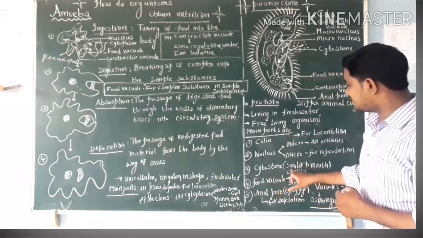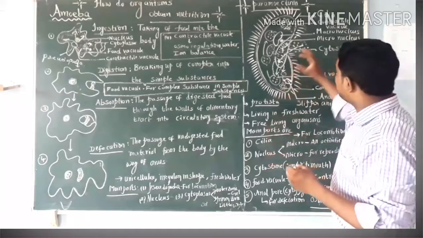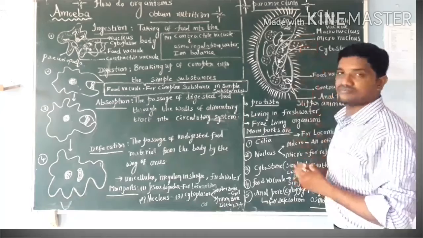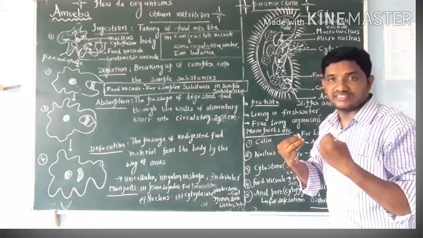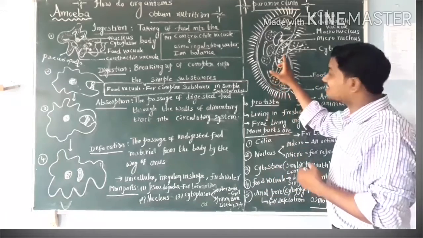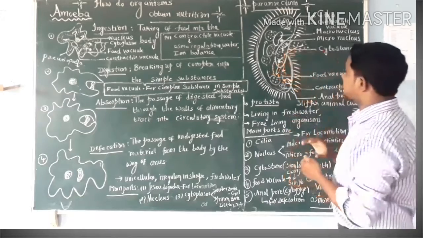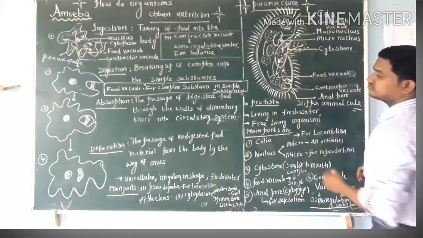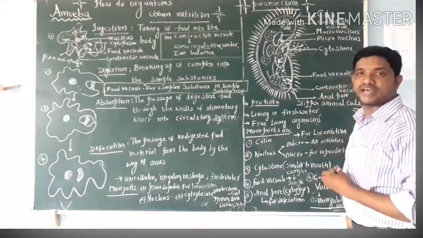Next one, cytostome. It is a structure similar to the mouth. When food materials reach the Paramoecium, they are taken in through the part called the cytostome. The part which collects or takes food material from the surroundings is called the cytostome. The food materials are ingested into the Paramoecium.